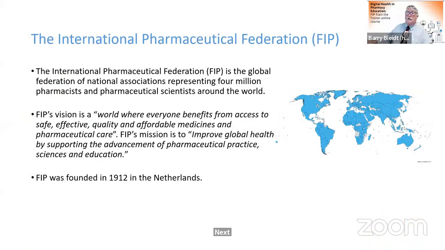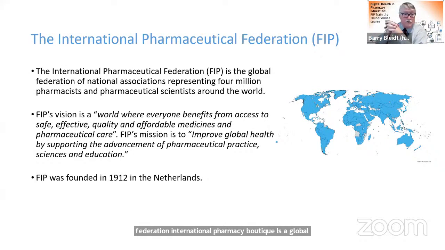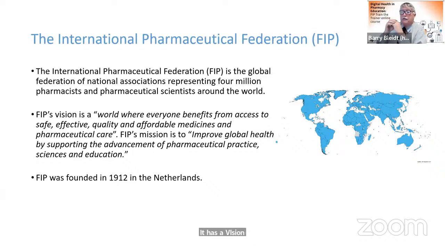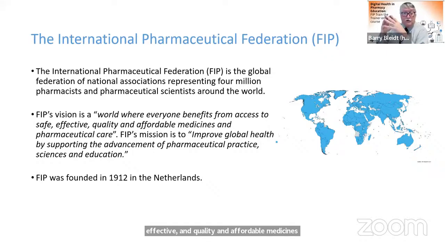FIP, the International Pharmaceutical Federation, or Fédération Internationale Pharmaceutique, is a global federation of national associations representing the 4 million pharmacists from around the world. It has a vision of a world where everybody benefits from access to safe, effective, quality and affordable medications and pharmaceutical care.